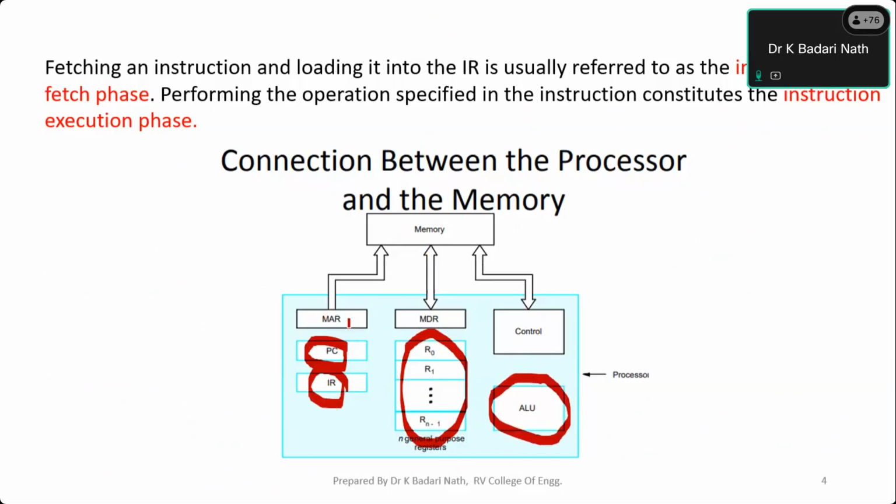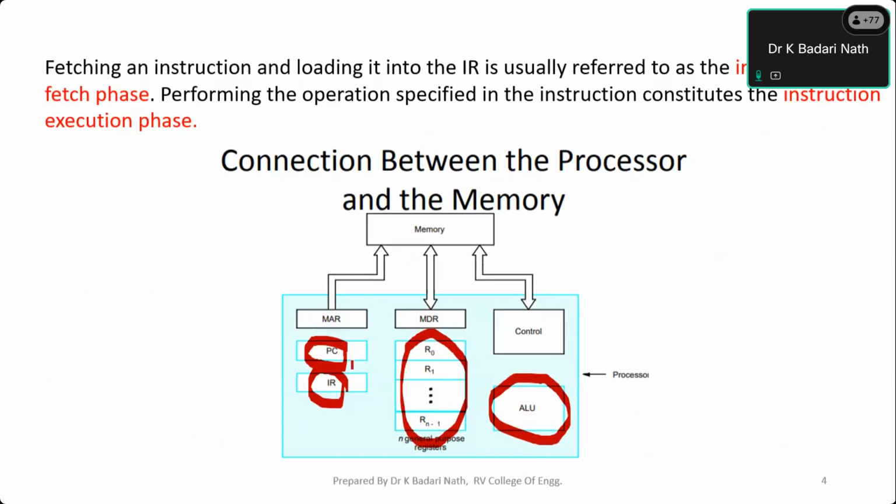Then what is the purpose of the MAR and MDR registers? We generate an address to the memory on 2 occasions. If I want to get the instruction from the memory, I take the contents of the program counter and place them on the address bus. The other occasion: if I want to read data from the memory, not the instruction, then I pick the address from any of these pointer registers and place it on the address bus.